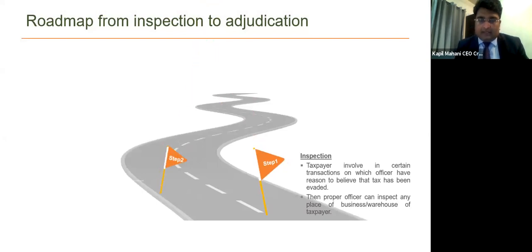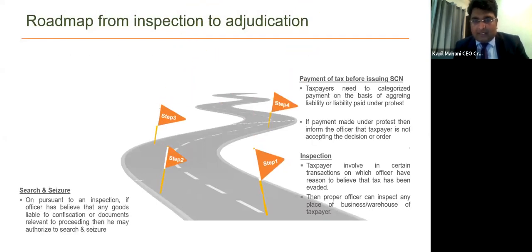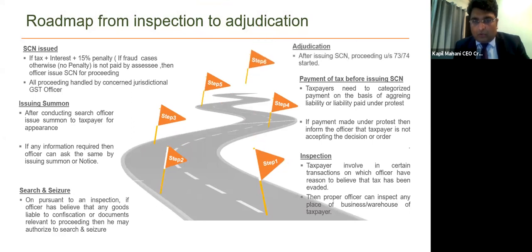So if you see the first step in the roadmap, the taxpayer is given a notice in respect of the inspection, when the assessing officer feels there is a reason to believe, which should be recorded, and they get the powers from the JC to inspect any business premises. Then they go and do the inspection.